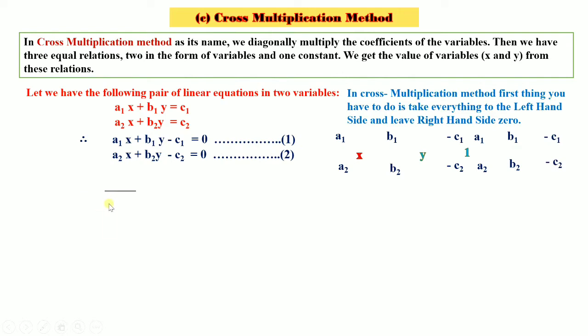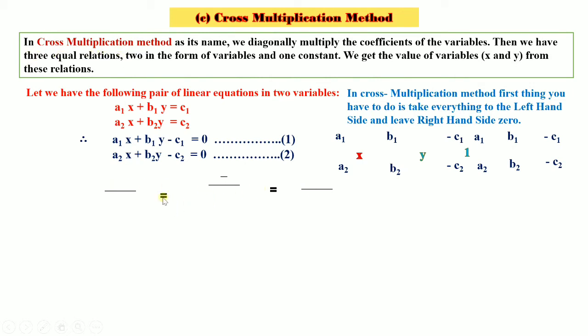Now these are the three relationships which I am going to write here, watchfully, carefully: first relation, second relation, and here we will have the third relation. So these are the three relations which the rectangle was talking about, three equal relations.